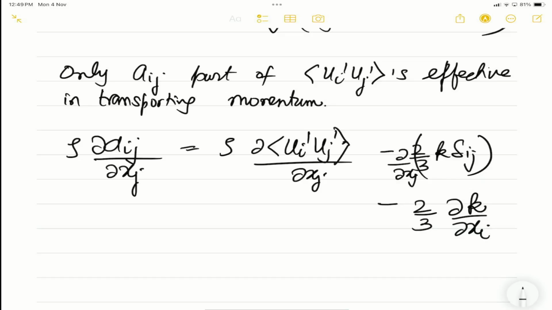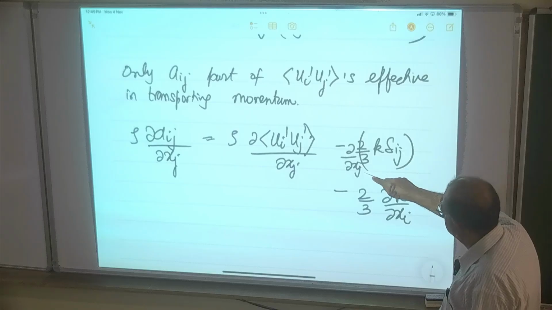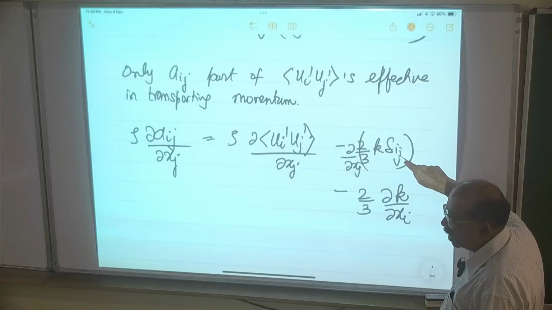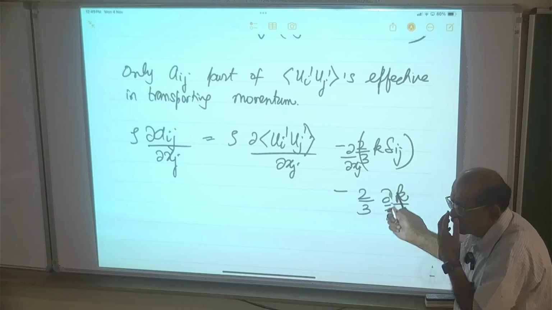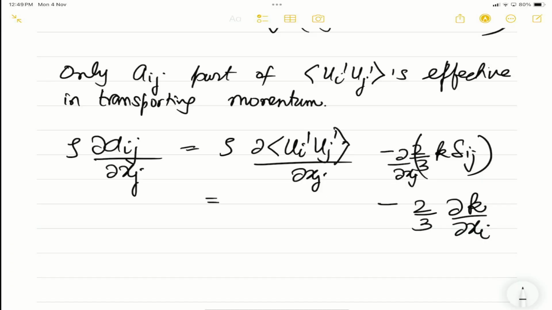Because this is k times delta ij, I take partial k by partial xj delta ij, and then the delta ij partial k by partial xj becomes partial k by partial xi. This is the same operation which we do. So this is what this is equal to.